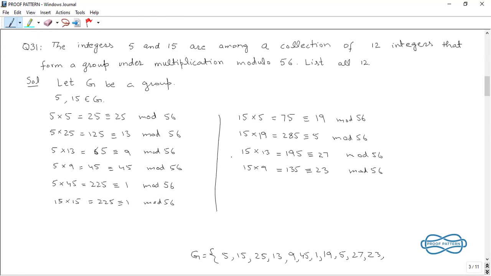And the second last element we obtain: 5 multiplied by 23, which is equal to 115, and that is congruent to 3 mod 56.